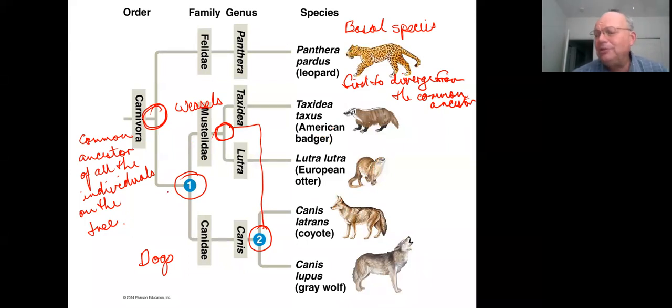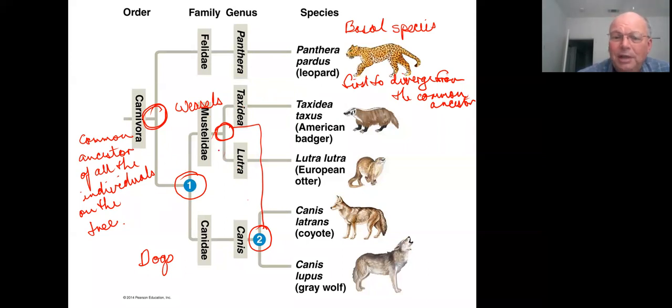So the leopard is actually equally related to both wolves and badgers, because badgers and wolves share a common ancestor more recently than either of them share with the leopards, on the basis of the hierarchical branching pattern in this tree.